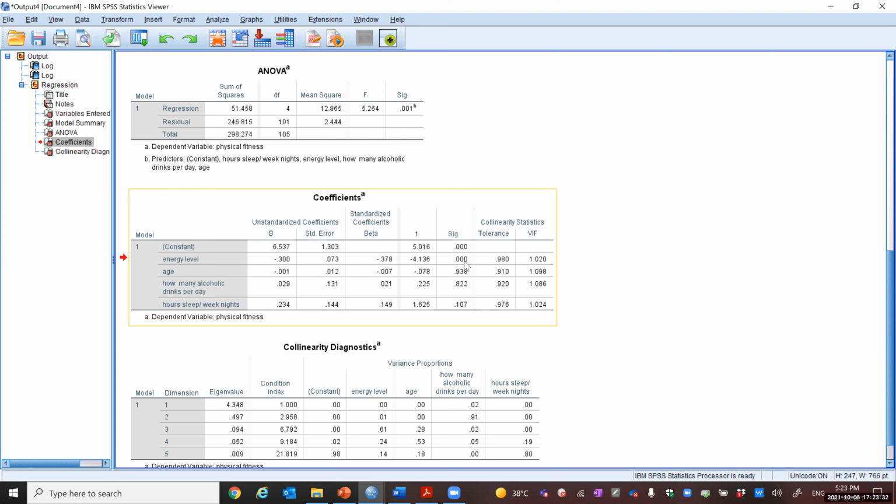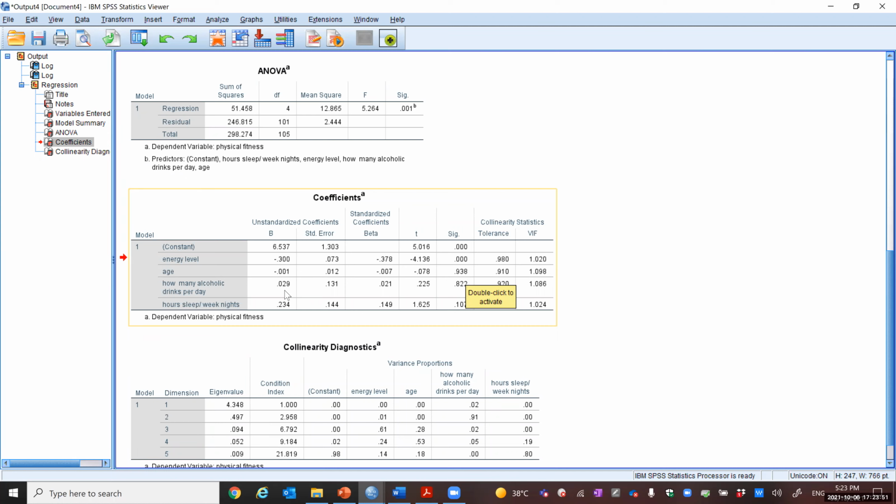So minus 0.3 and the p-value is less than 0.05. And if you look at age, it is minus 0.001. But if you look at the significance value, it is 0.938. So we forget about it because it is not significant.